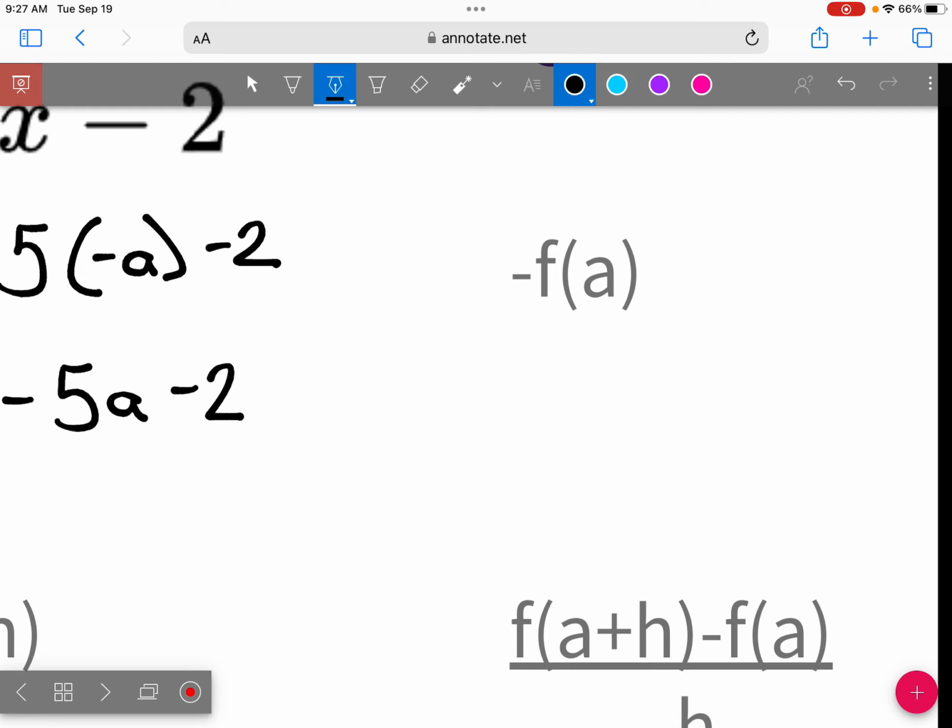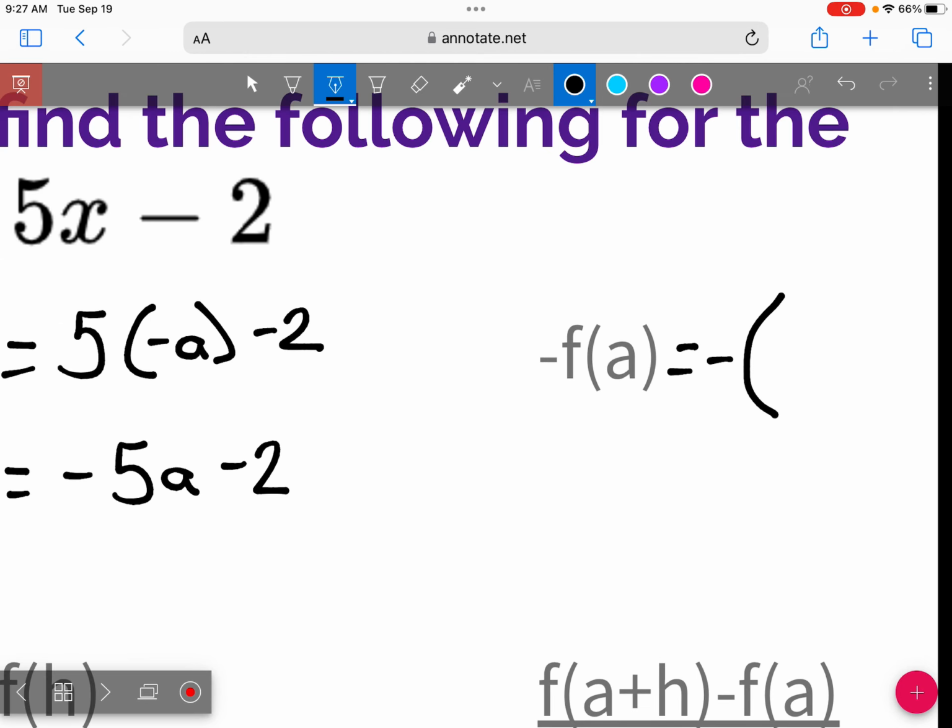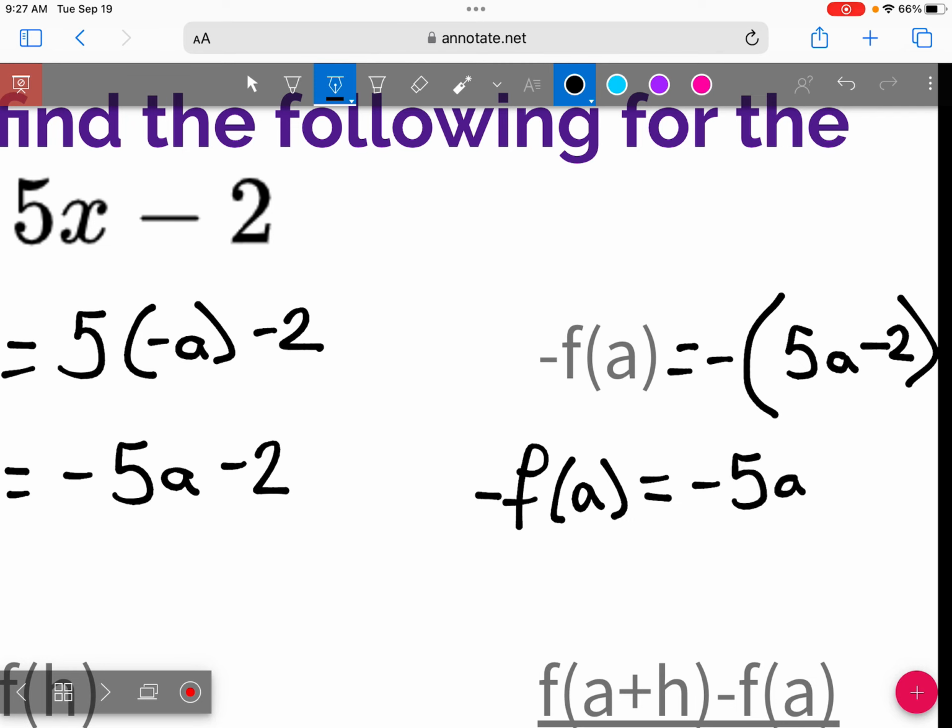So what we're going to do here is we're going to do f of a, but we're going to do the opposite of the whole thing. 5 times a minus 2. So the opposite of f of a is minus 5a plus 2.